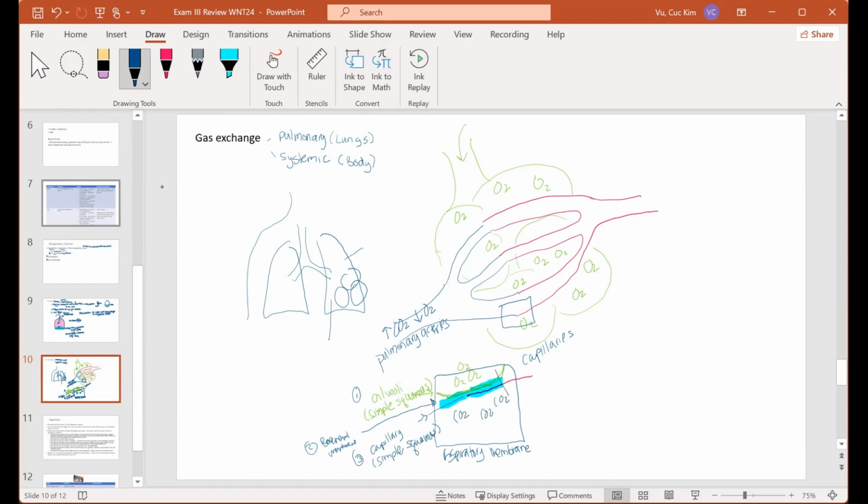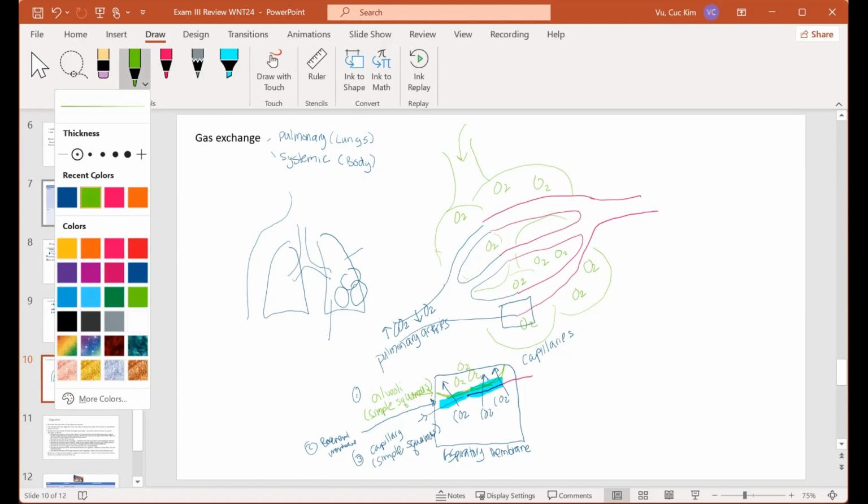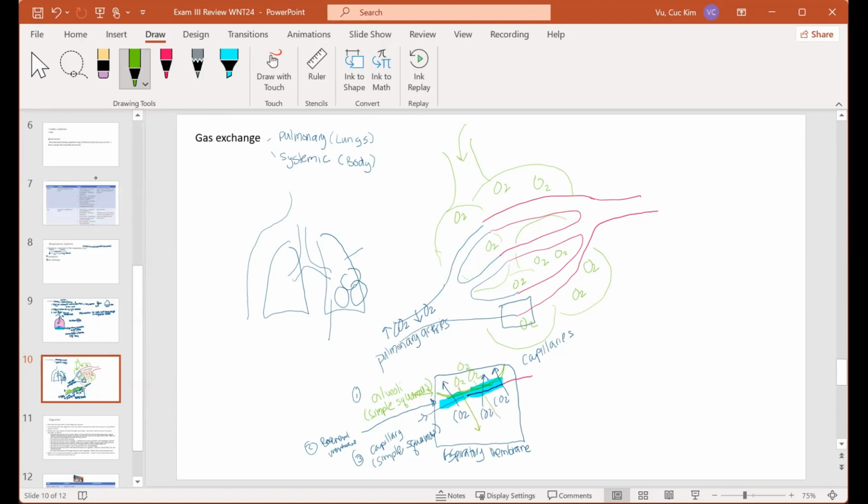The CO2 moves into the alveoli, and the oxygen moves from the alveoli into the capillary. So what ends up exiting as the pulmonary vein, now because of the exchange, is high in O2 and low in CO2, and this is what goes back to the heart. Okay, so that's pulmonary gas exchange.